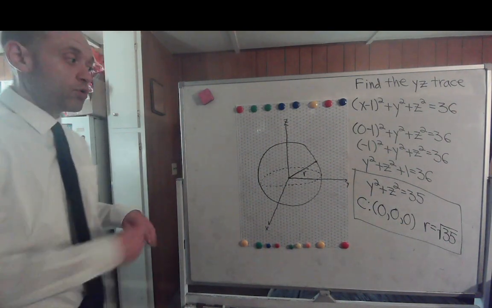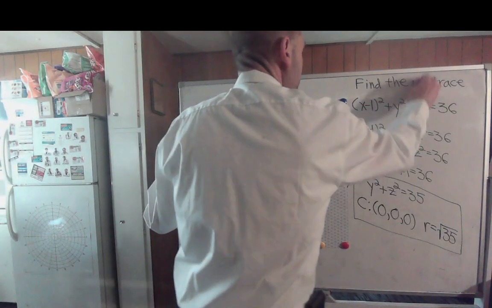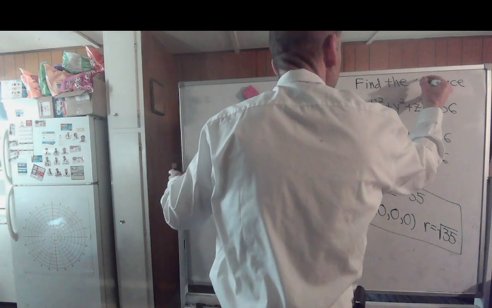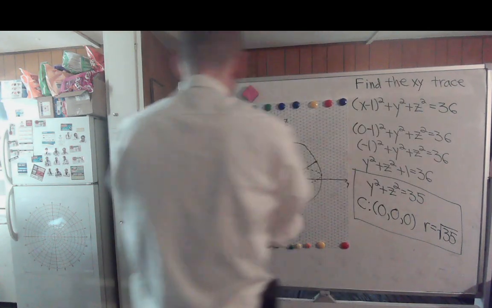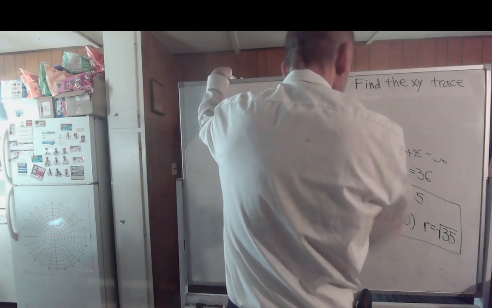Let's do one more of these. Traces are actually very easy. We'll start out with the xy trace. We'll do each of the traces again, but we're changing the sphere.